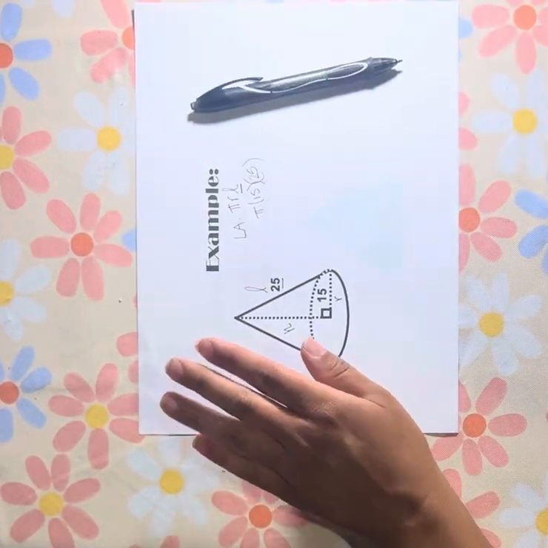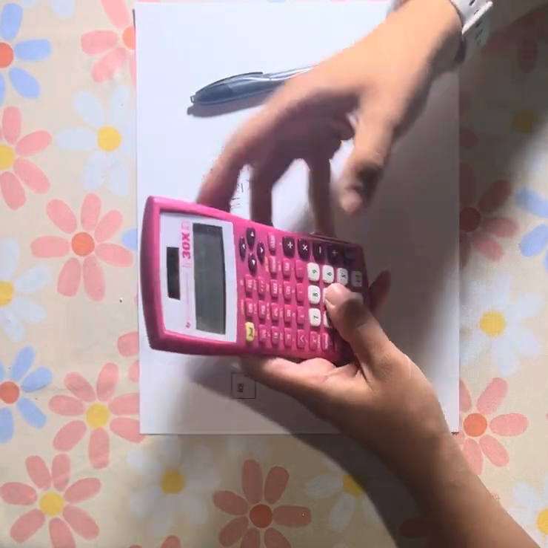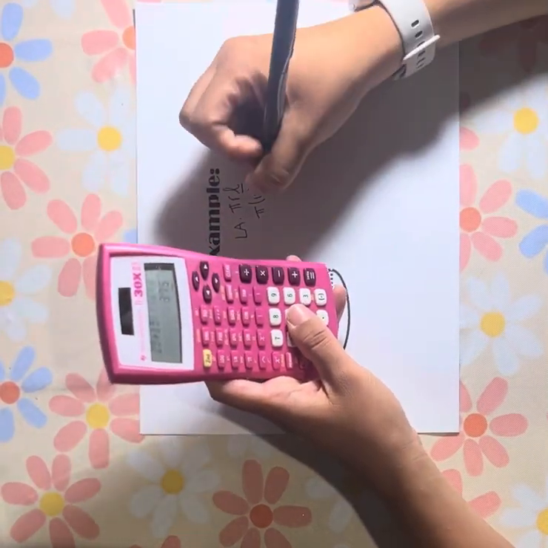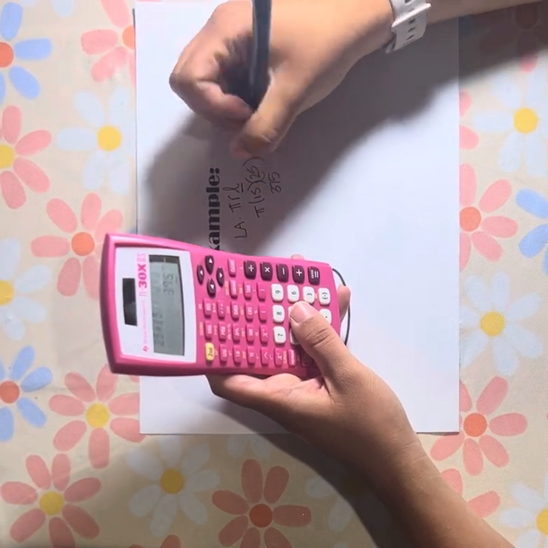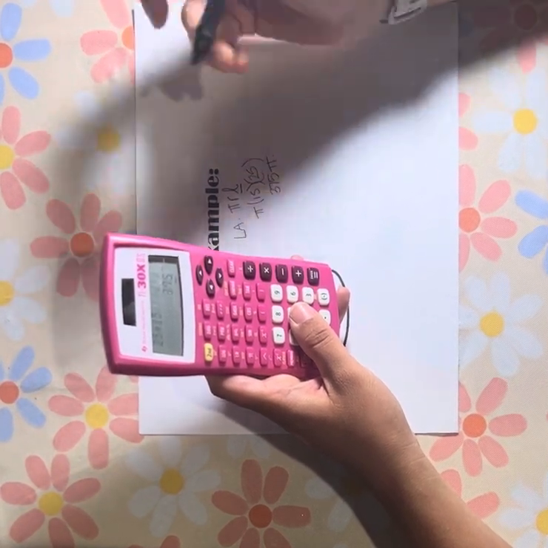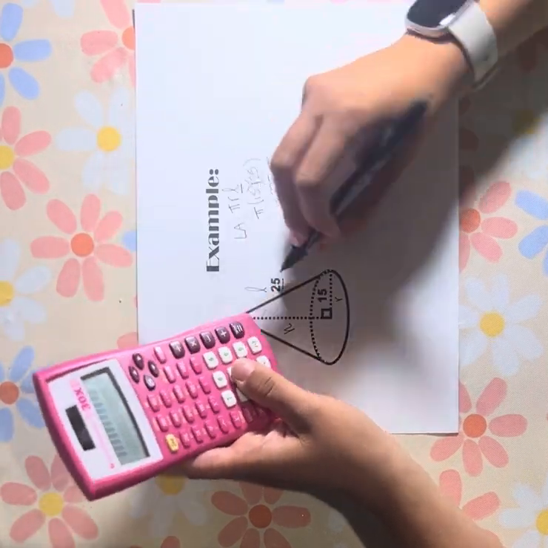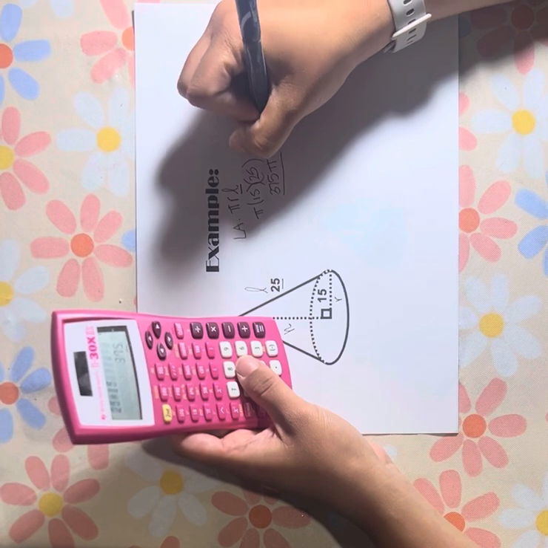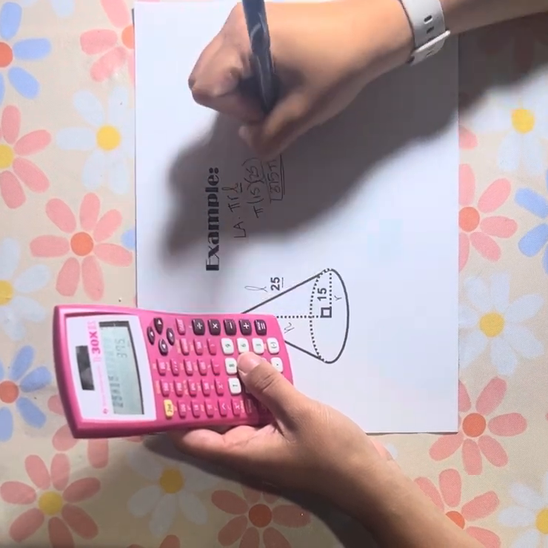So all we need to do now is plug that into our calculator, and that's 375. And we're going to leave pi the way it is. We can always put it in, but we're going to leave it like that for now. So this is our answer. They did not give us any units, but it is square, so we are going to put units squared as our answer.